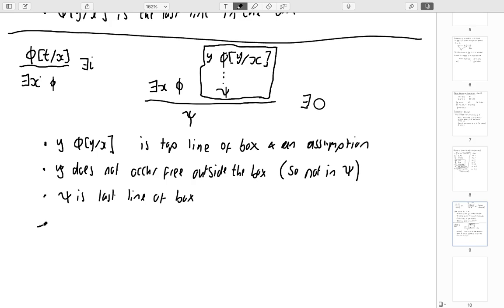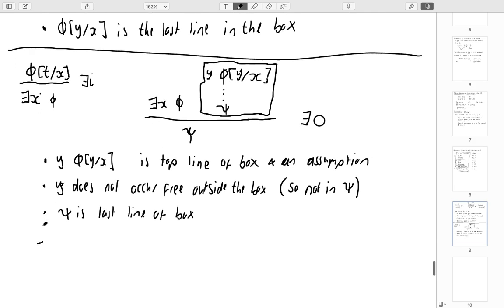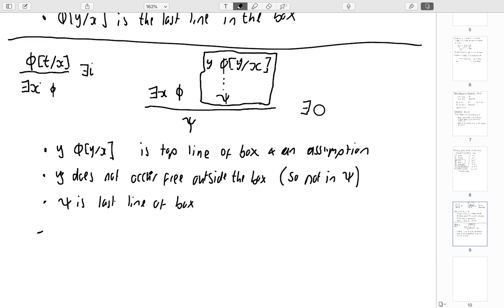And this time, whereas before we had the box contains no open assumptions, here we do have an assumption in the box. But before we draw it, whenever you put an assumption in a box, you close the assumption. But the point is, at this point, when we get to psi, there is an open assumption, but this must be the only open assumption, then it's closed by the box.